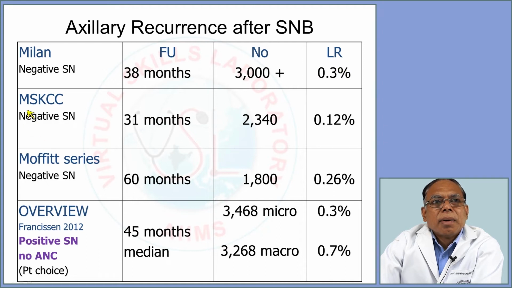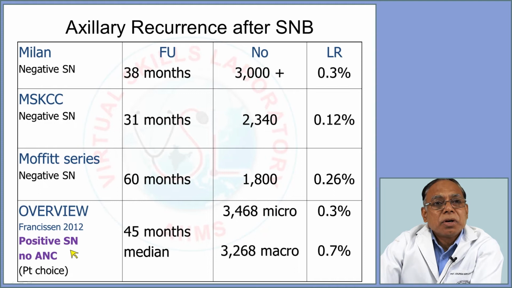In the Memorial Sloan Kettering data from New York, women who had negative sentinel node biopsy, again with a 31-month follow-up, had 0.12% local recurrence in the axilla. Similarly, in another study by Moffitt, women who had negative sentinel node up to 60-month follow-up had only 0.26%. So extremely low recurrence is observed in the axilla if sentinel node biopsy is negative.